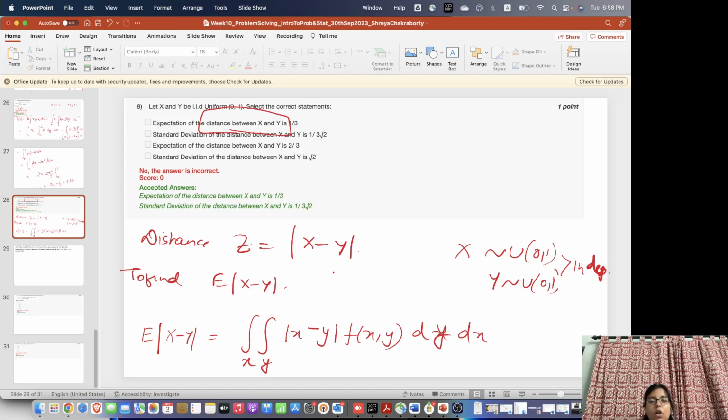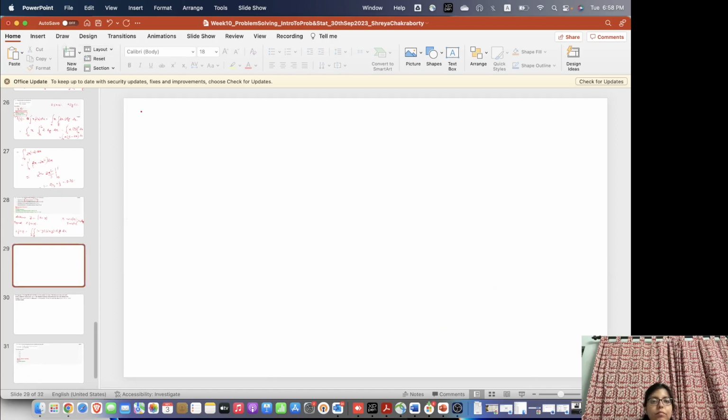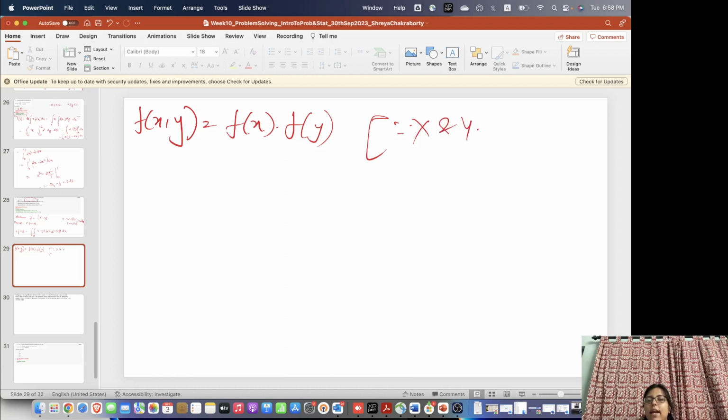Now what is f of x and y? It is equal to fx into fy, since x and y are independent.